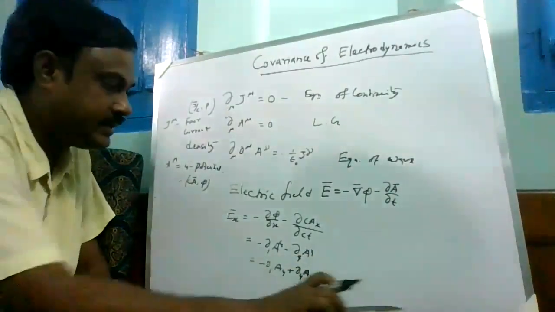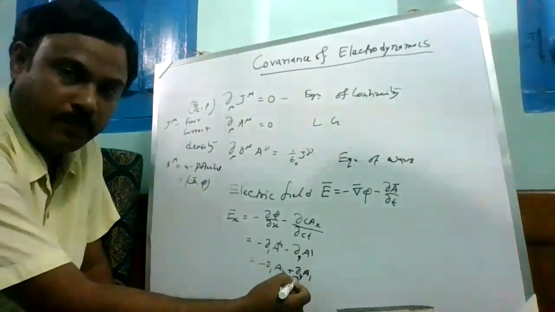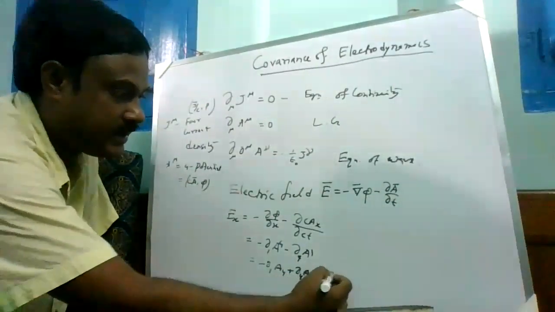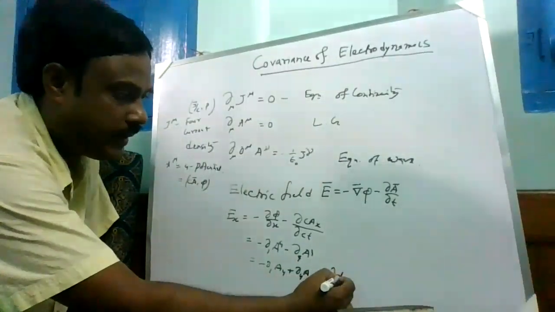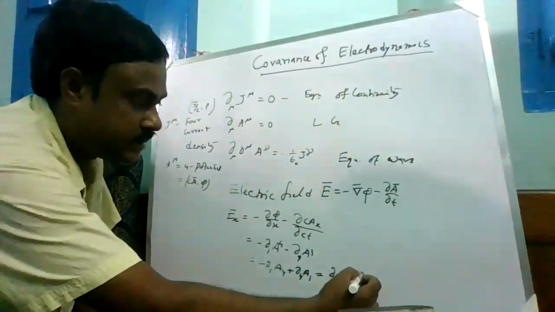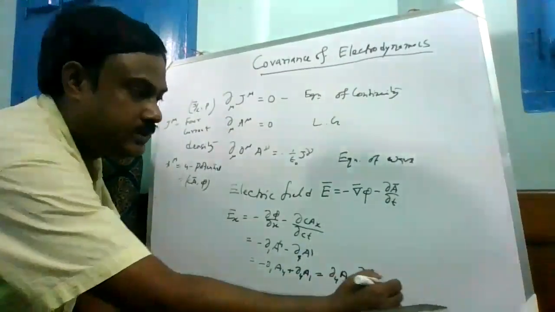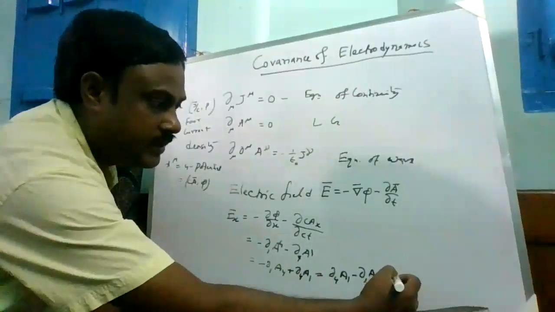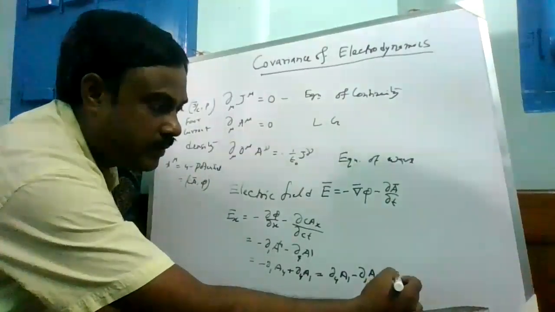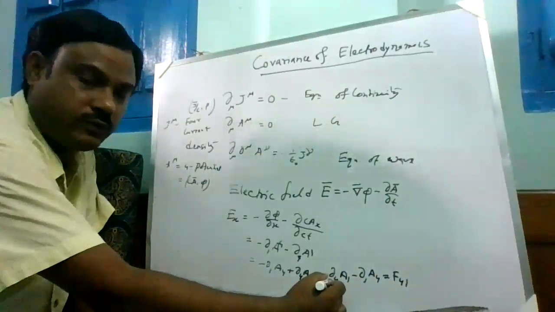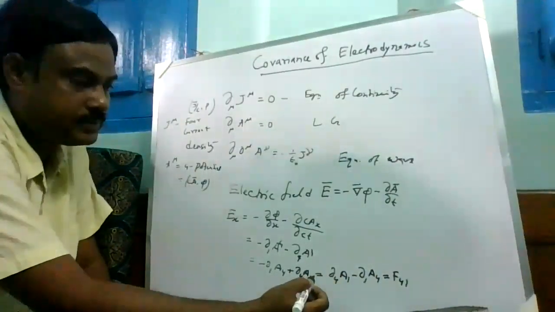So I can write this as del 4 A1 minus del 1 A4. There is a symmetry. I call this element F41, because 4 is first, then A1.